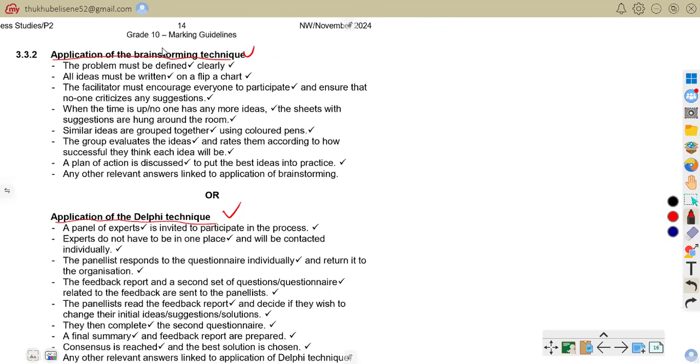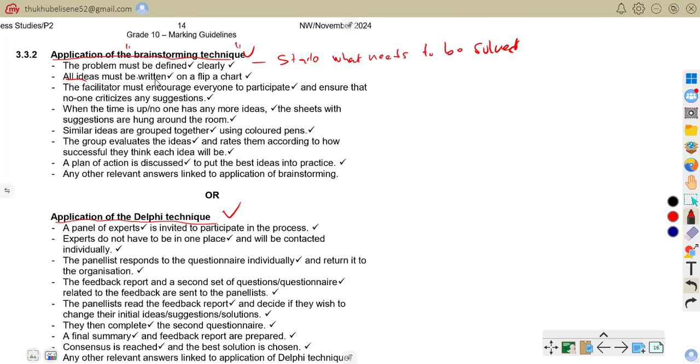If we are going for the brainstorming technique, the problem must be defined clearly: what needs to be solved. Meaning, to say, how to increase customers' loyalty. Let's say that as an example.